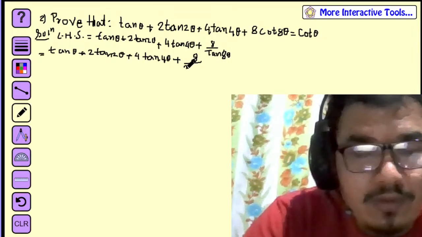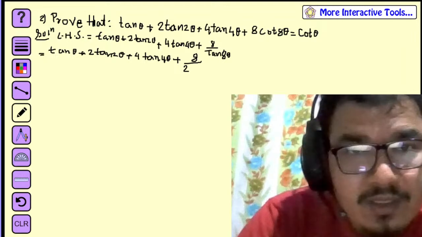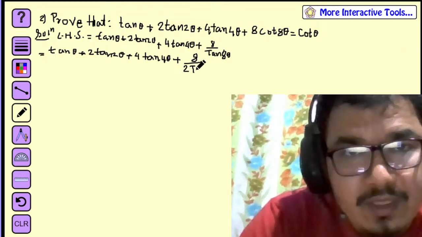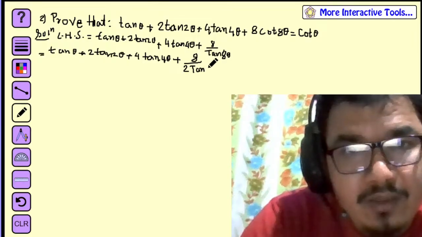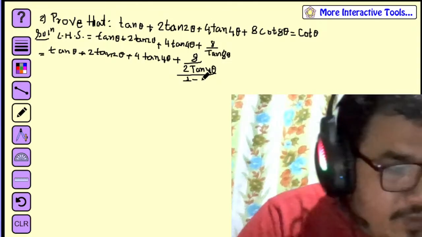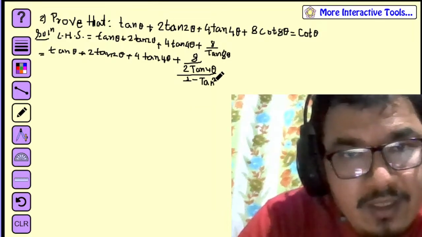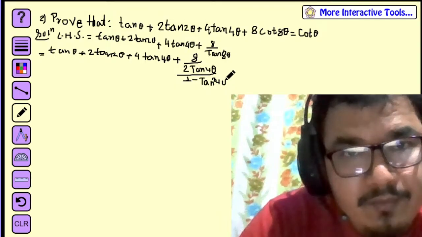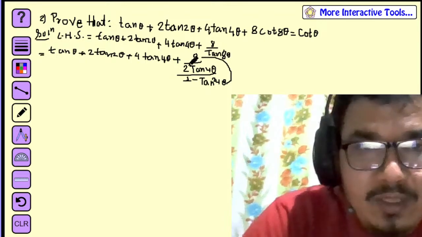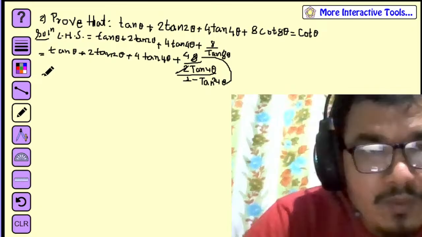We know the formula: tan 2 theta equals 2 tan theta upon 1 minus tan square theta, where theta will be 4 theta here. This multiplies with the 8, and it will be 4 upon it, and the same thing applies for every term.